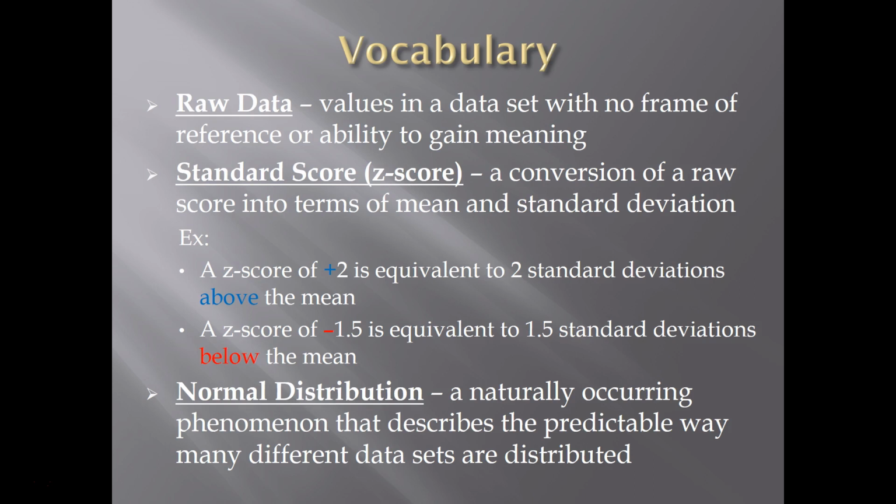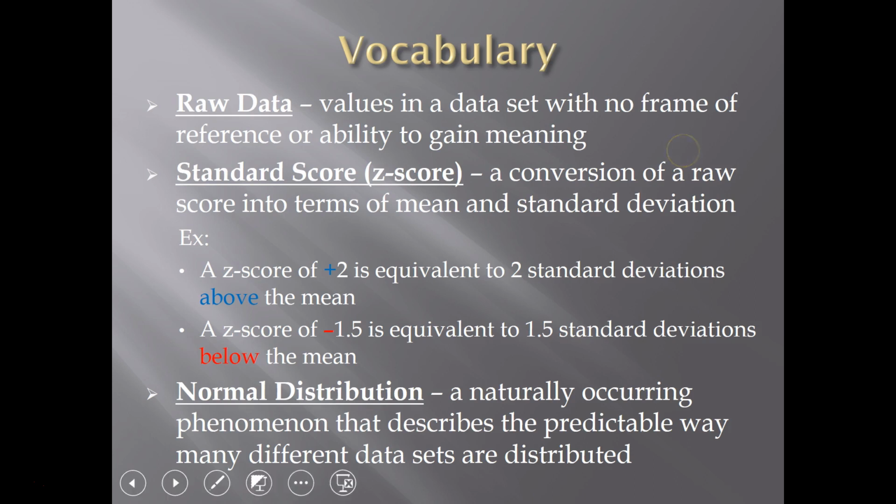Now, because data behaving in a normally distributed way is so prevalent, we can use it to make a lot of predictions, right? It's very predictable. So normal distribution is really a way of predicting future values, or at least that's one of the uses for normal distribution.